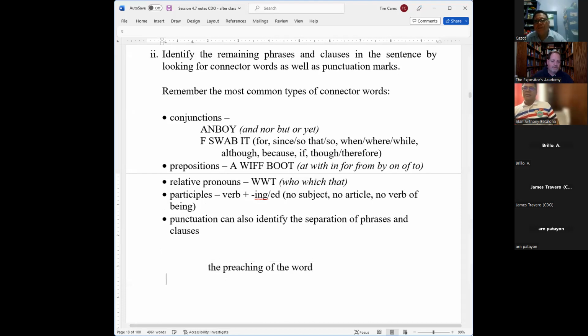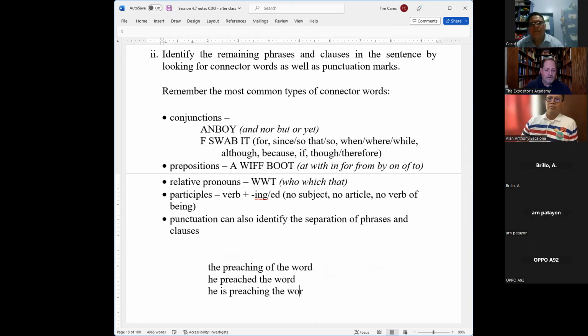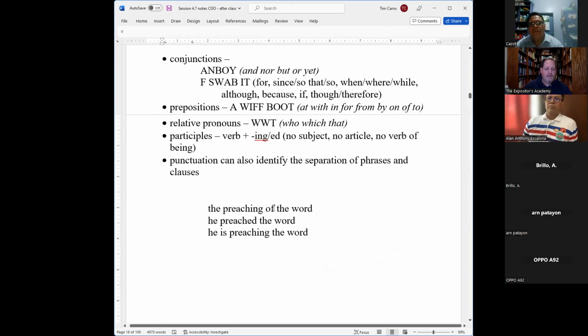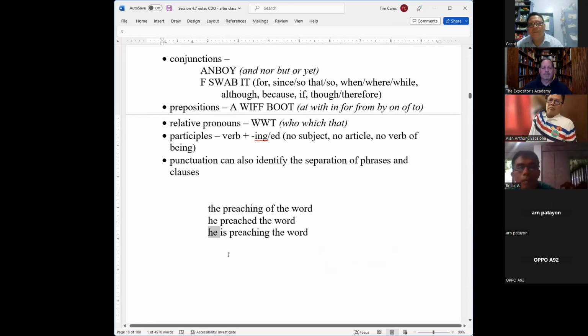Or if you see 'he preached the word,' even though there's an -ed ending, it's not a participle because there's a subject, 'he.' Or you could have 'he is preaching the word.' We have preach with -ing, but notice there's a verb of being in front of it, and there's a subject. So it's not a participle.